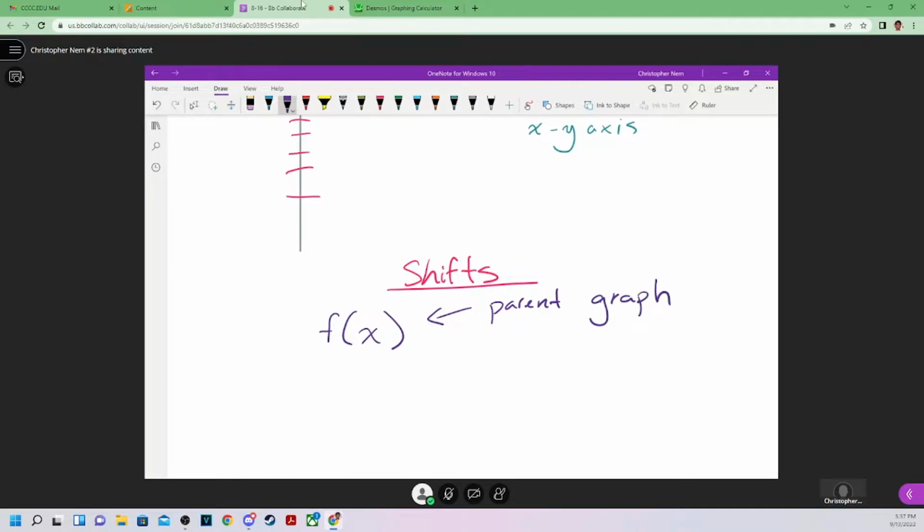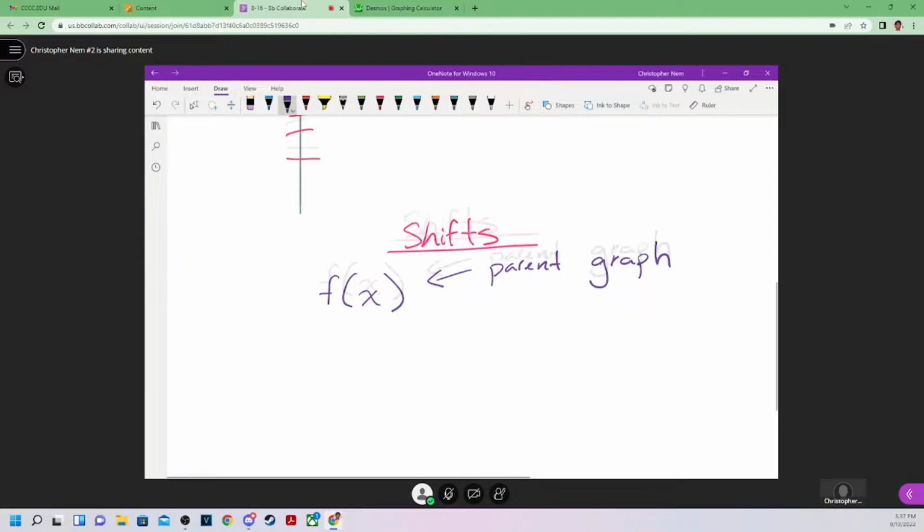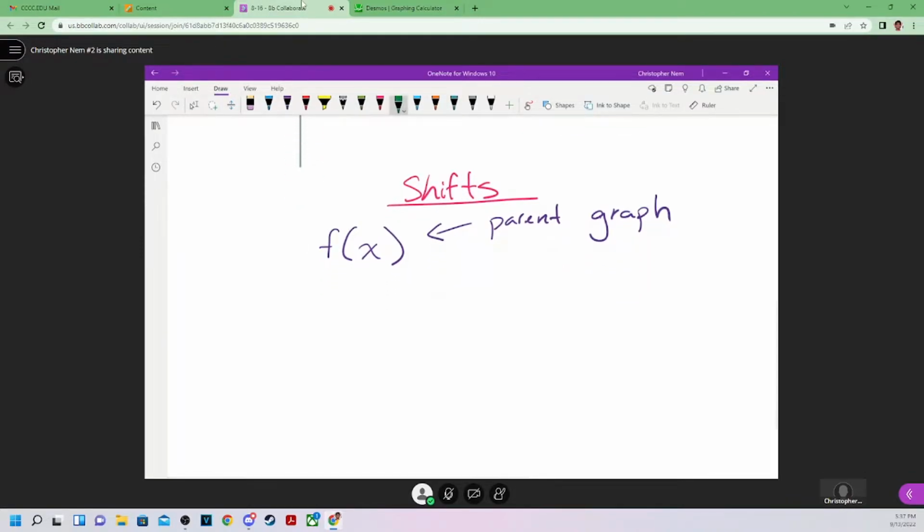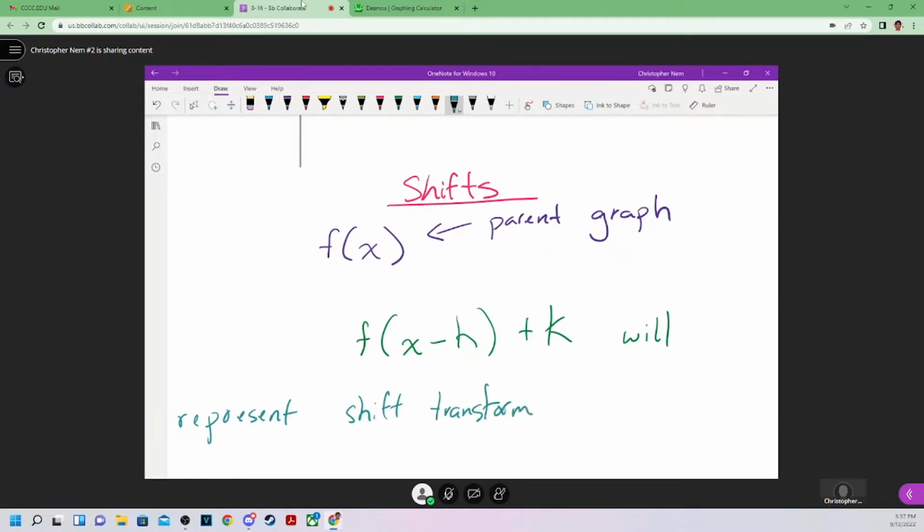If I take a function f of x to be my parent graph, we say that f of x minus h plus k will represent shift transformations. They will represent your shift transformation.